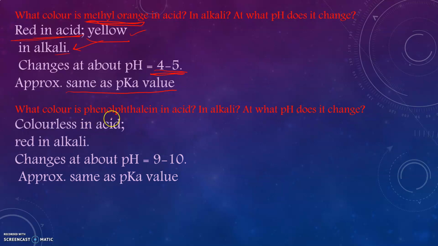Now about phenolphthalein. The pH range of methyl orange is from 4 to 5, okay? What color is phenolphthalein in acid and alkali, and at what pH does it change? So the change in pH when you're using methyl orange is from 4 to 5.